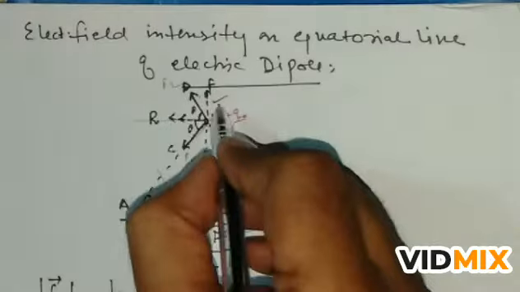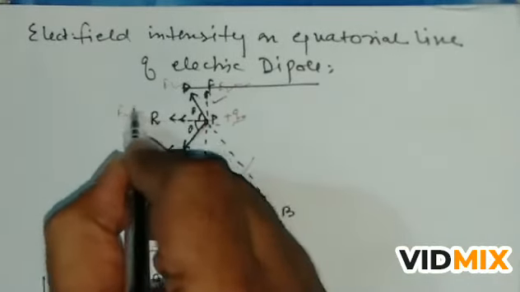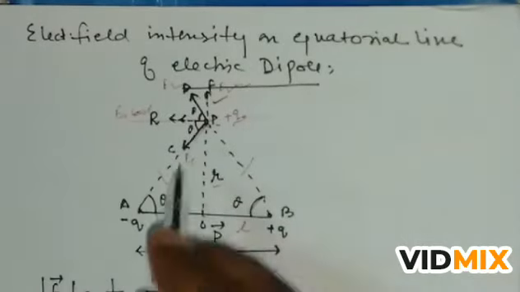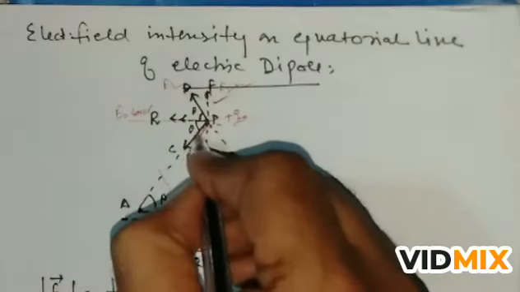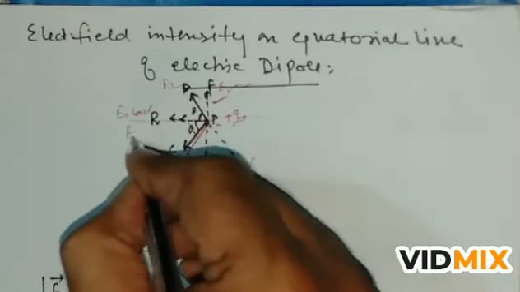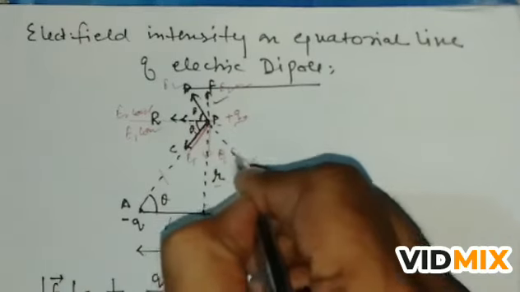So E2 can be resolved into E2 sin theta and E2 cos theta, and this E1 can be resolved into two components. This is E1 cos theta and this is E1 sin theta.